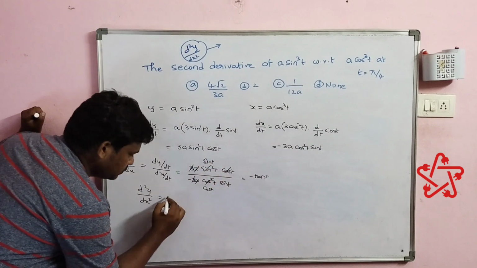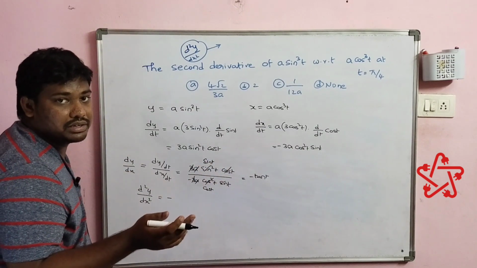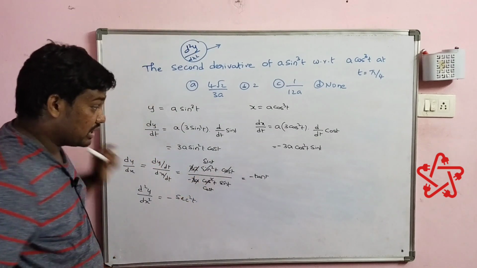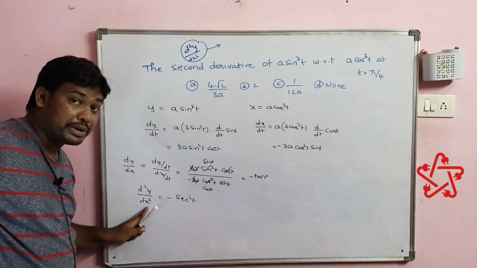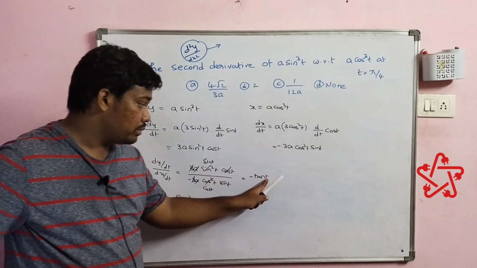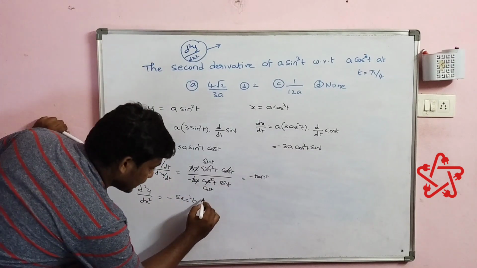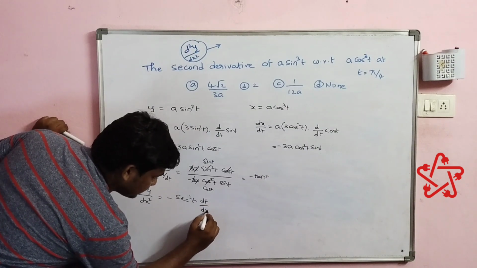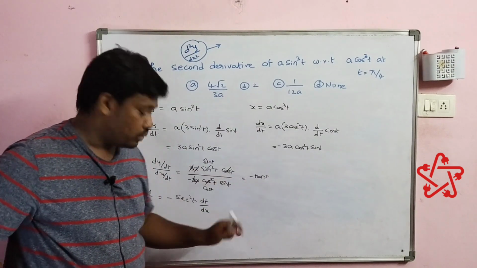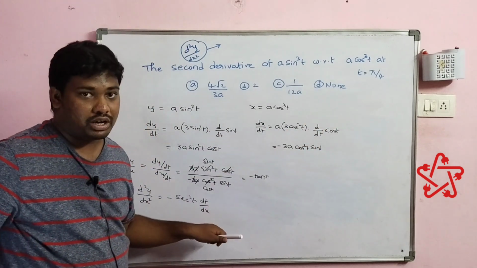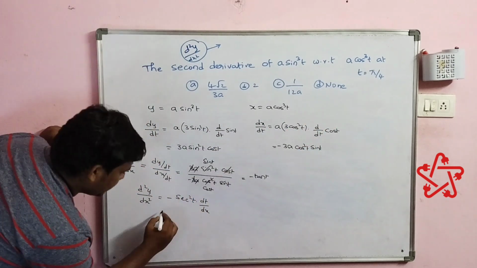Now differentiation of tan is secant square, right? But here we differentiated with respect to x, but the term is with respect to t, so we need to differentiate again with respect to t. That is what I applied here.